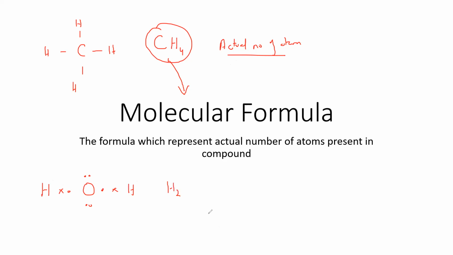How many oxygen atoms are there? One oxygen atom. So 2 hydrogen and 1 oxygen. The formula which represents the actual number of atoms, we call a molecular formula.